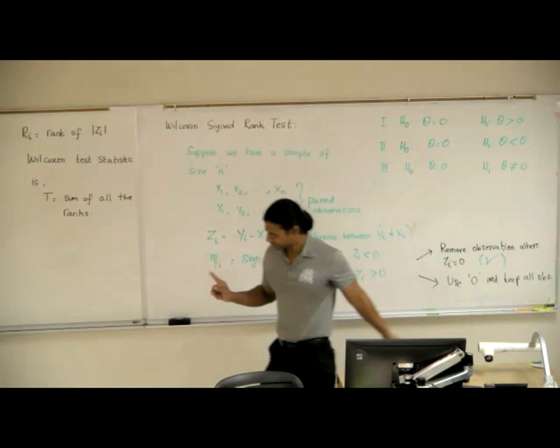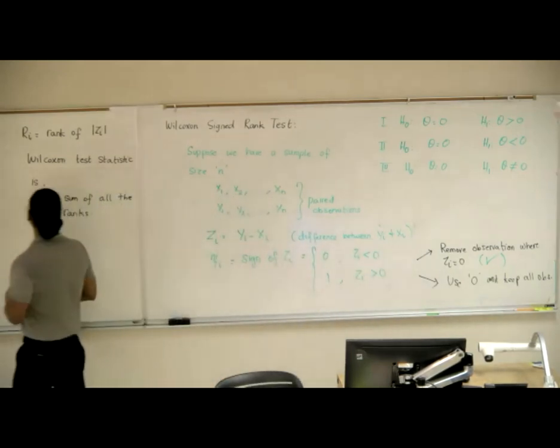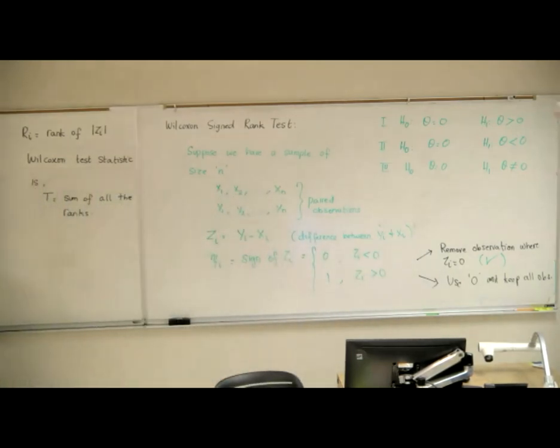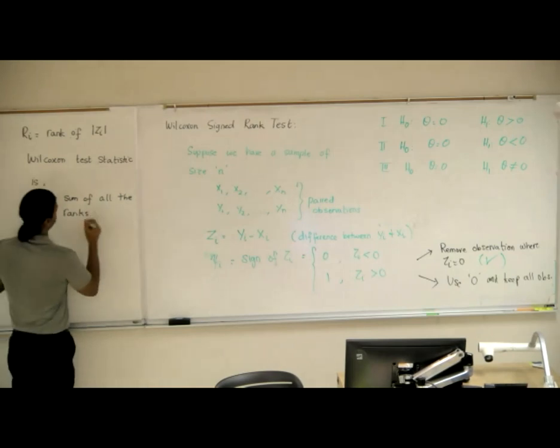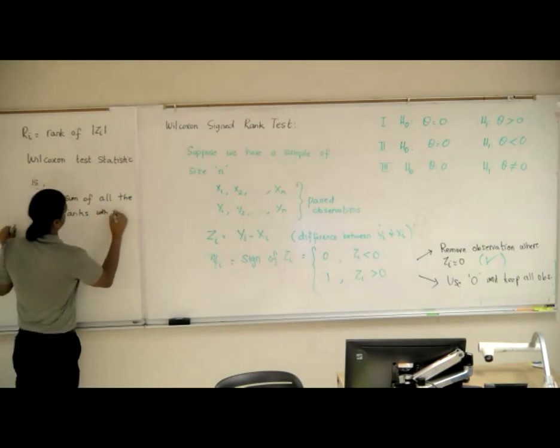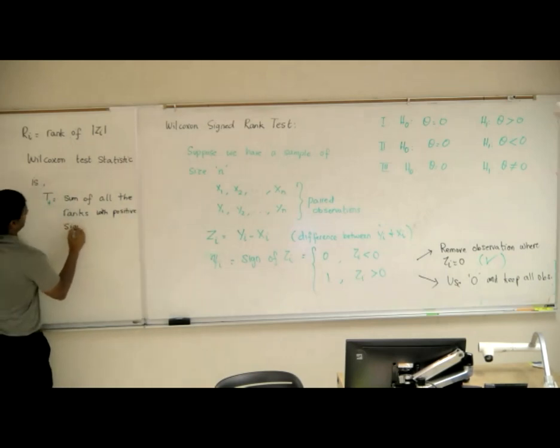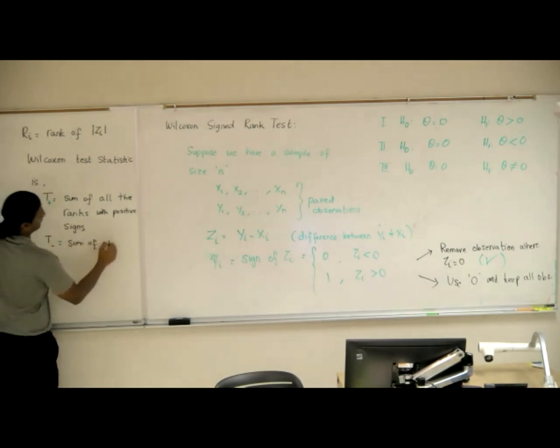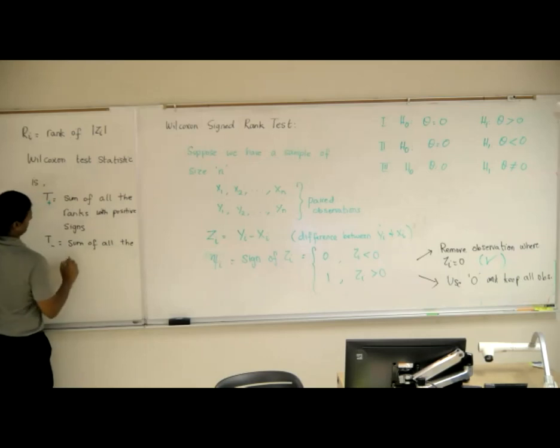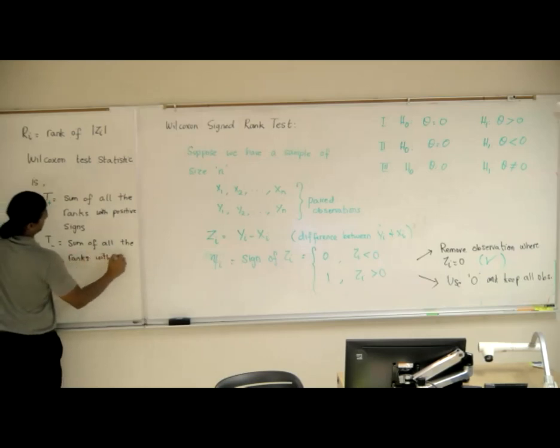I believe the textbook would use T plus for the sum of all the ranks with positive signs, T minus the sum of all the ranks with negative signs.